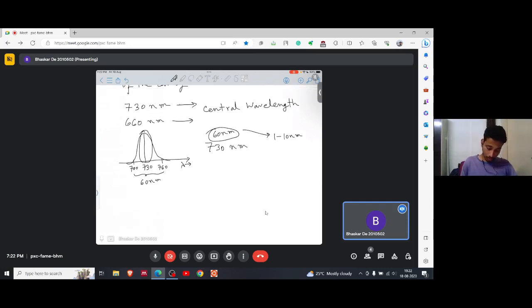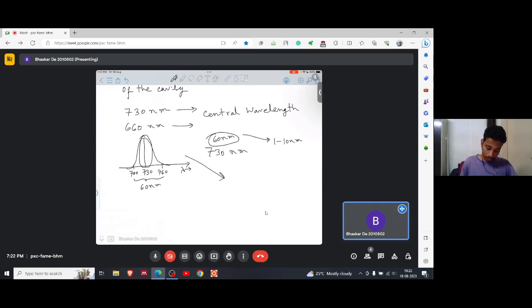So this thing will become 730. Here it is 735 and here it is 725. Okay, so this is one of the properties, that is the monochromaticity.